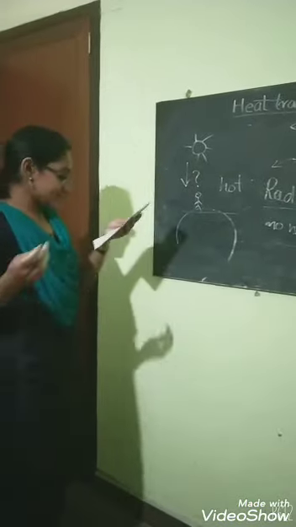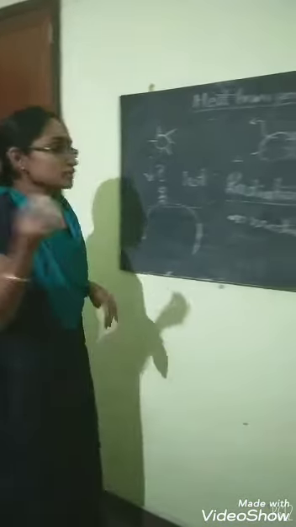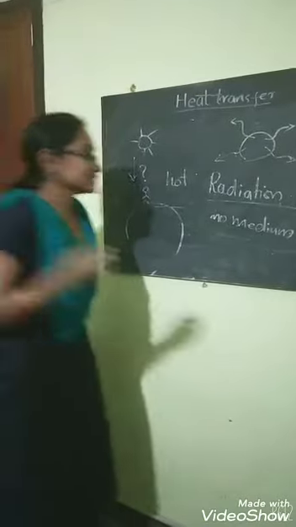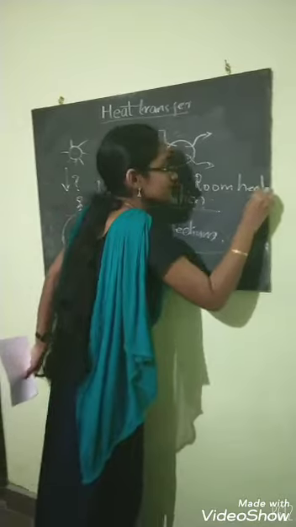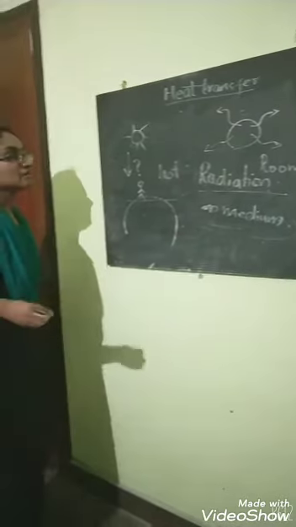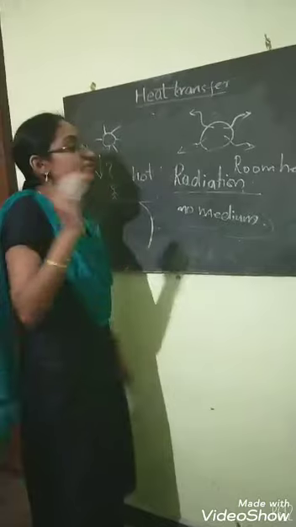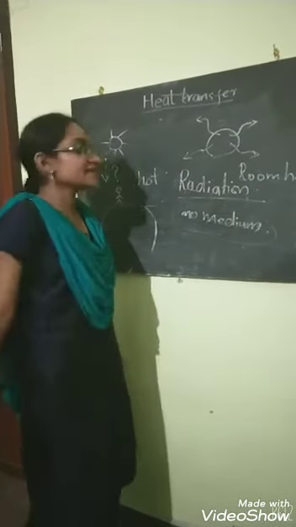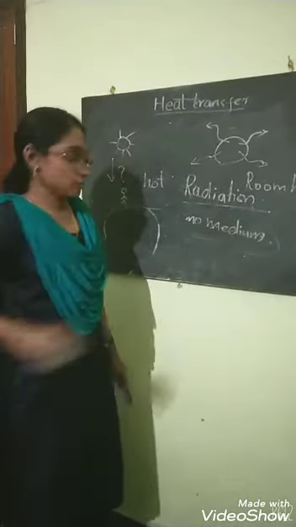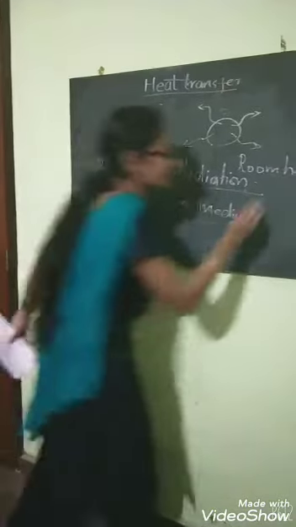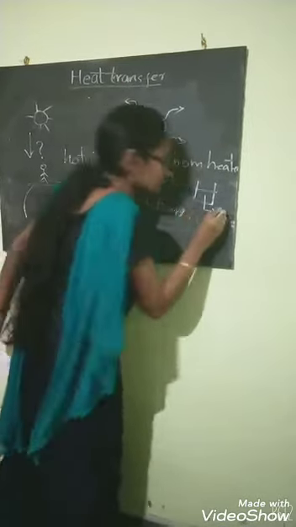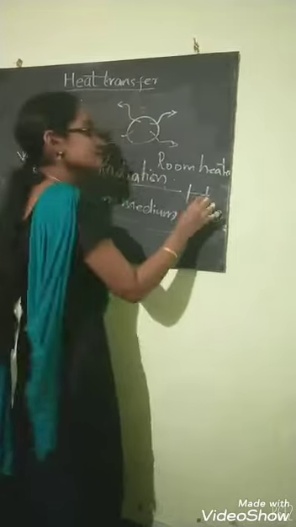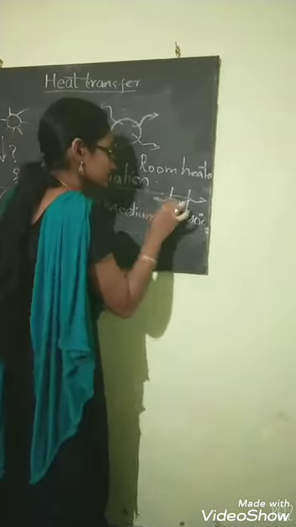Another example is the room heater, which emits certain radiations to heat the room. And when we consider a beaker of water at 80 degrees Celsius, this body is still emitting some radiations.